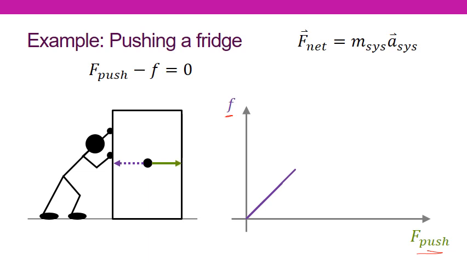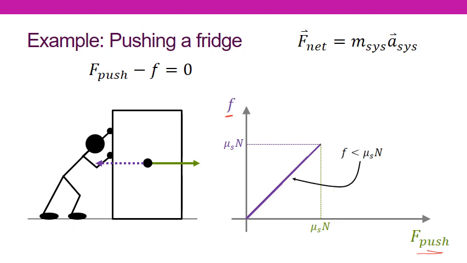Now, I can push harder. Eventually, I'm going to reach a point where I hit some maximal friction force that's defined by my coefficient of static friction times my normal force. This is an empirical model. So this is my maximal force of friction.